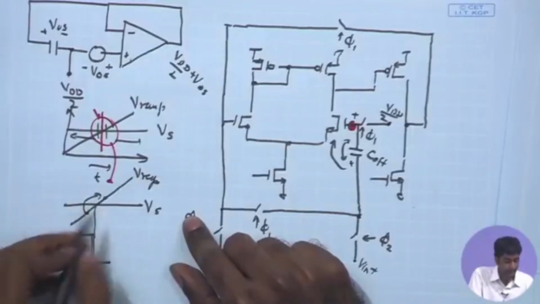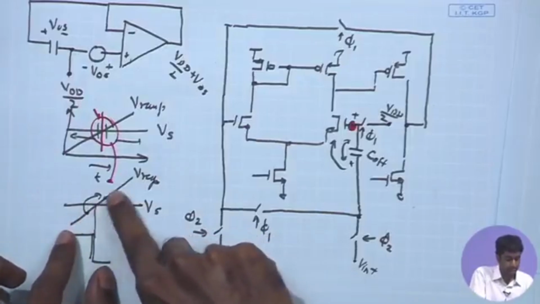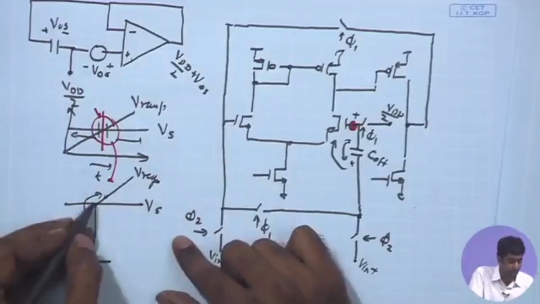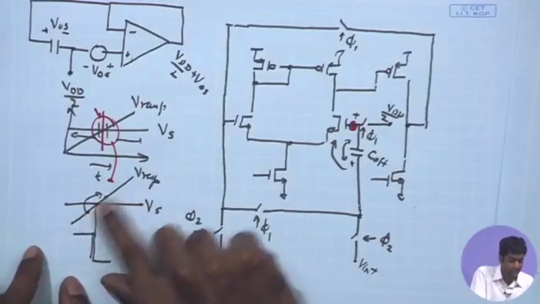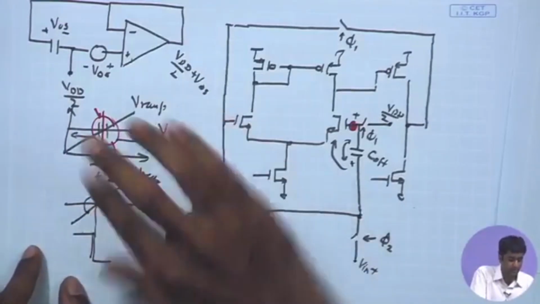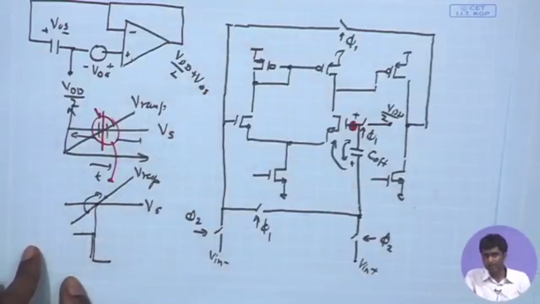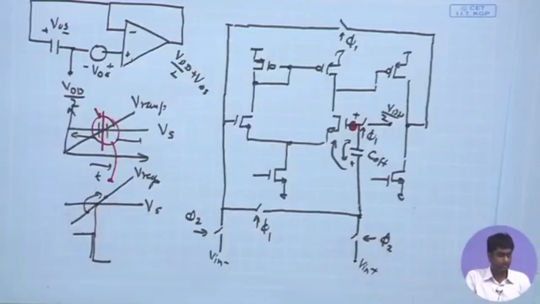That would imply that at this particular juncture the gain of the amplifier should be sufficient, so that whenever there is a delta V, a small change in the polarity of Vs minus V ref, the amplifier should be able to detect it and flip the polarity. And that is the only purpose.